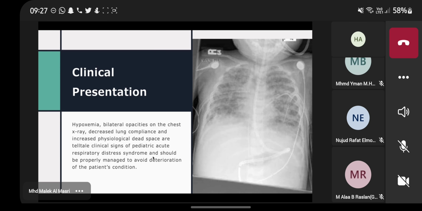Now, as for clinical presentation, hypoxemia, bilateral opacities on X-ray, decreased lung compliance, and an increase in physiological dead space are all going to be seen in PARDS and need to be properly managed.